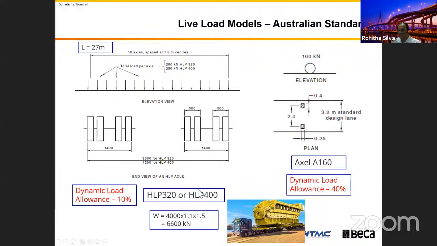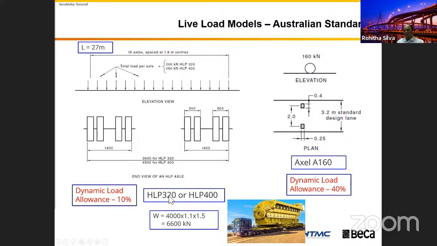This is the lighter one, HLP 320, at 3.6 meters, but the 400 one is a wider area, right? It could have more axles, but it is represented in a different way in this code. It has a 4.5 meter width. It has 16 axles.